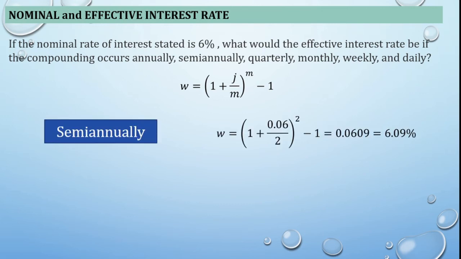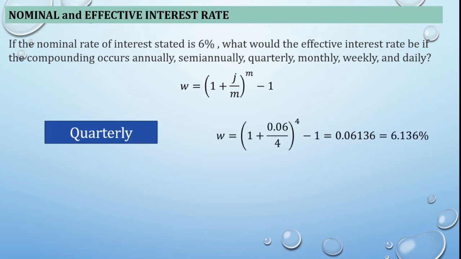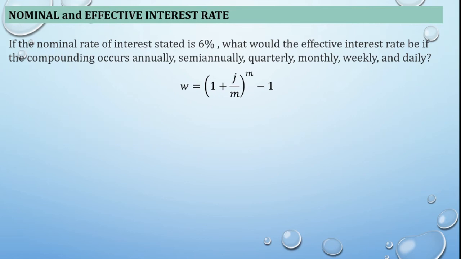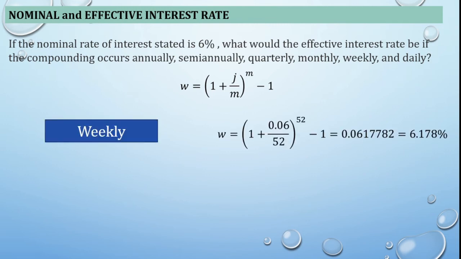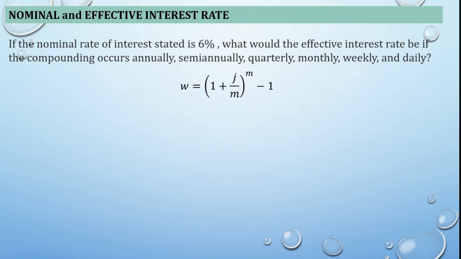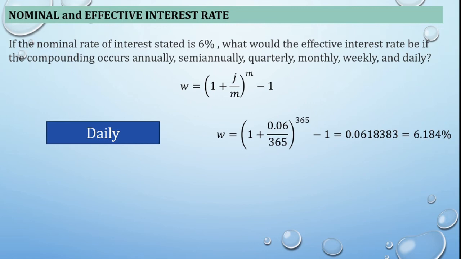For semi-annually, slightly more than the nominal rate, which is 6.09%. For quarterly, 6.136%. For monthly, 6.168%. For weekly, 6.178%. For daily, 6.184%.